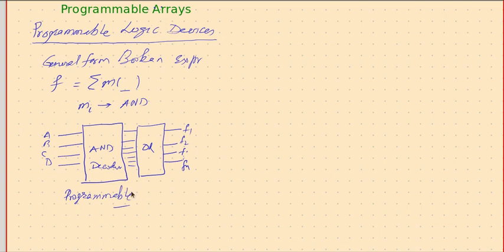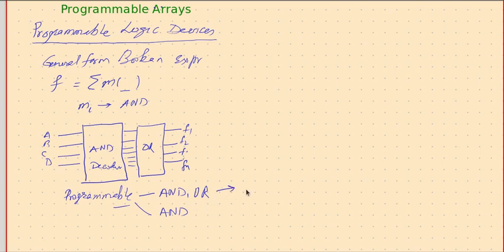So there are two ways of getting this under our control. One is where both AND as well as OR operations are programmable. Otherwise, only AND operation is programmable.